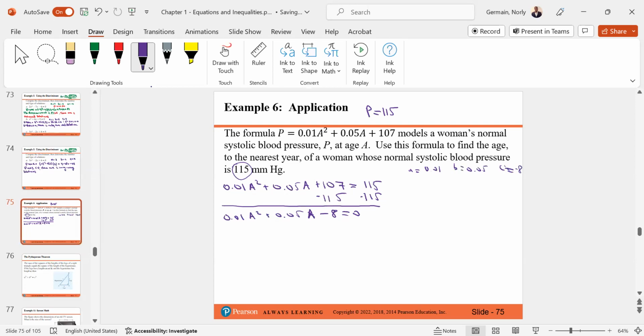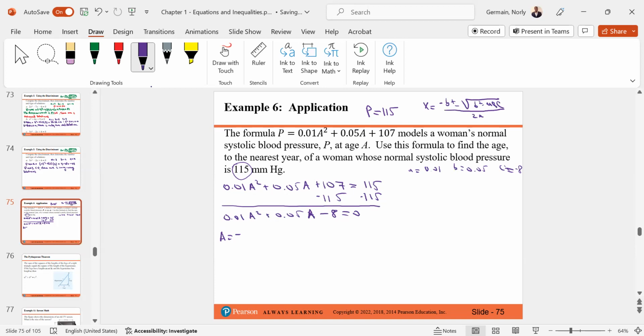So if you use the quadratic formula, remember you have x equal minus b plus or minus the square root of b squared minus 4ac over 2a, right?